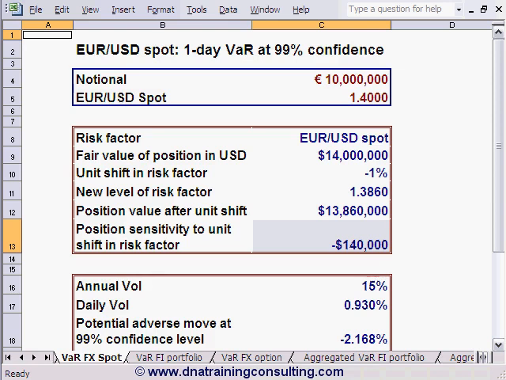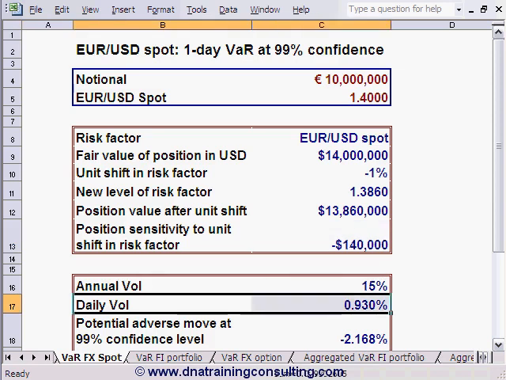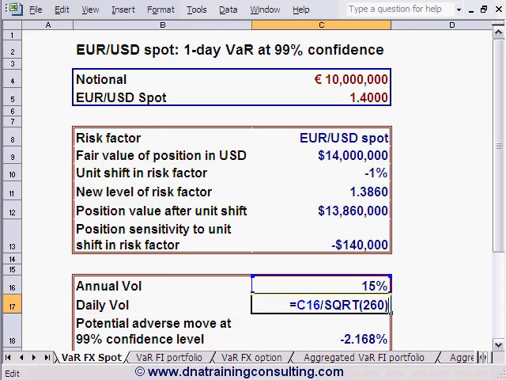We therefore need to translate the annual volatility input into a daily volatility. Using the square root of time relationship mentioned before, daily volatility is calculated in this cell C17 to equal 15% divided by the square root of 260, or 0.93%.